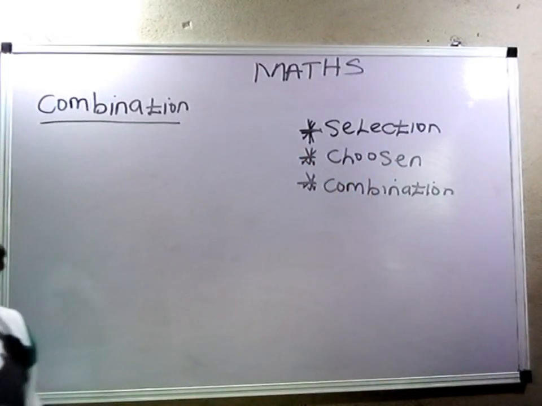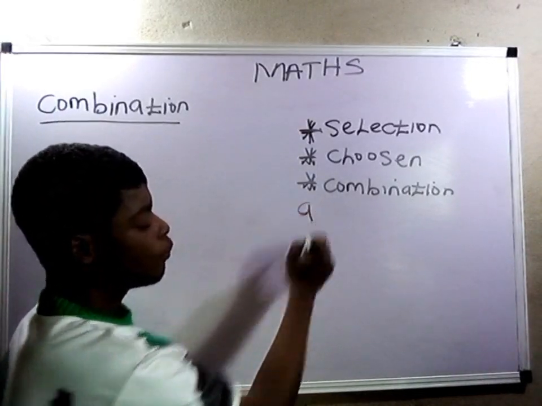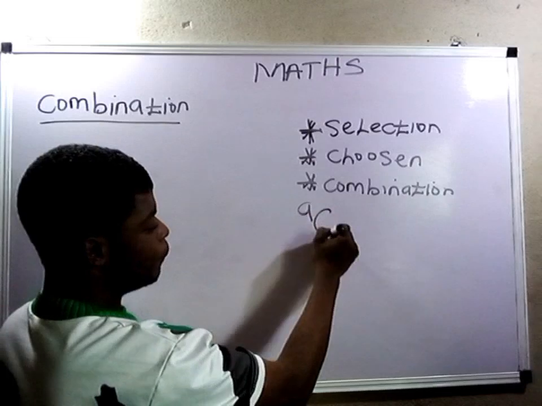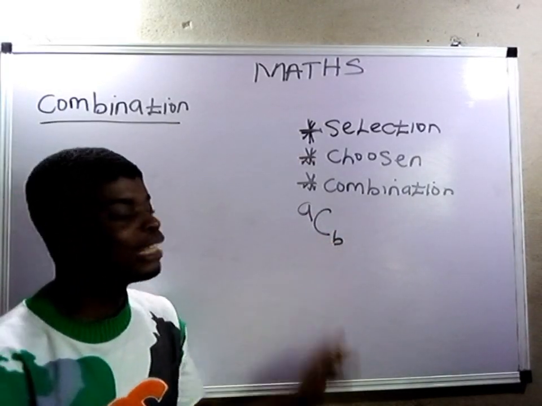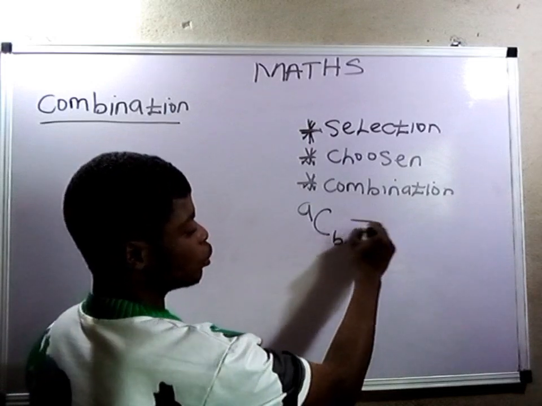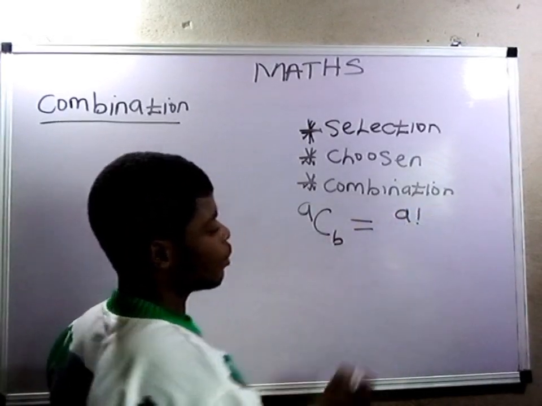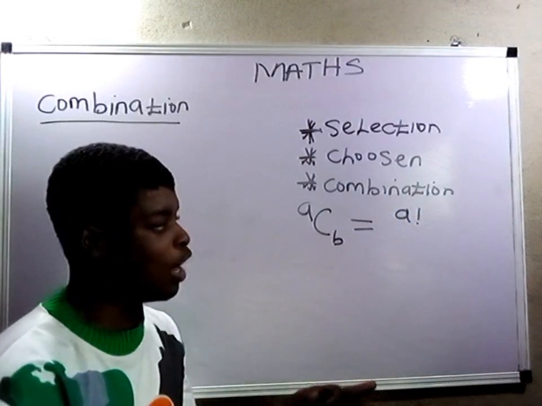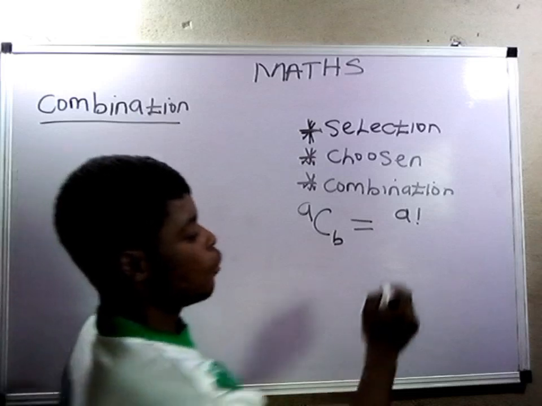Let's assume an example. Let's say A combination B. How do you write it? You write it in this way: A factorial over open brackets A minus B factorial and also B factorial. I talked about factorial in my previous video, so go and watch it on this channel to get clear knowledge on factorial.